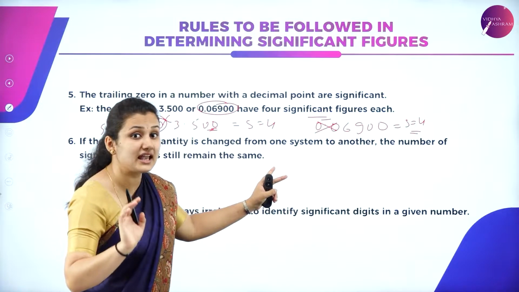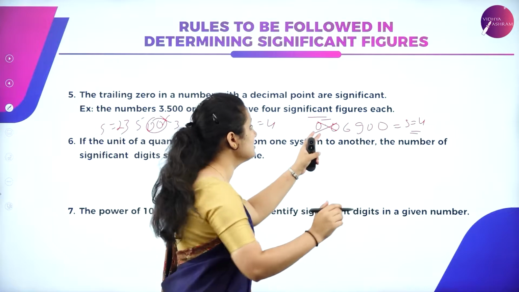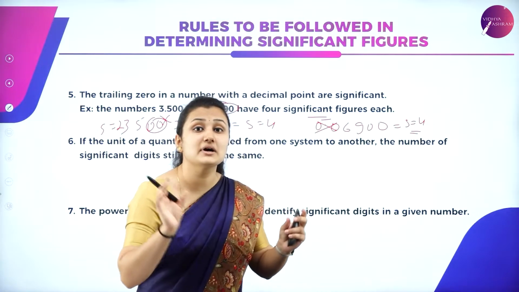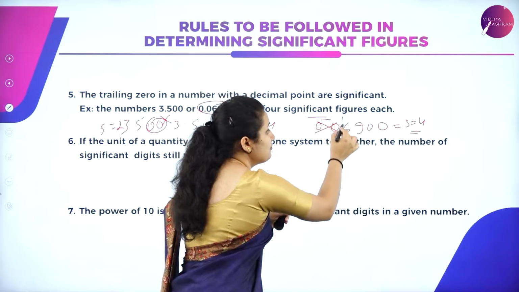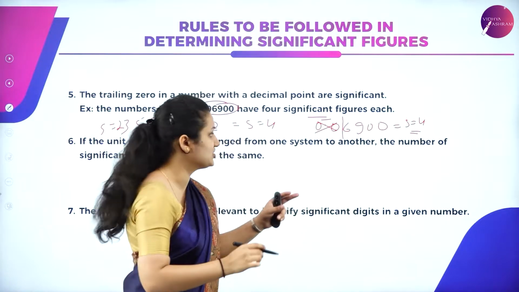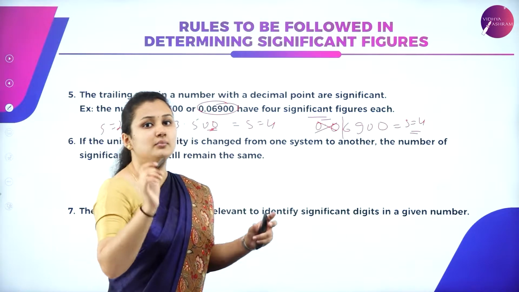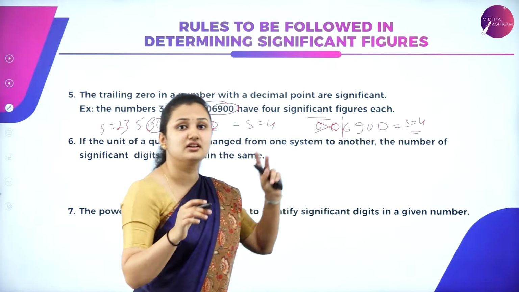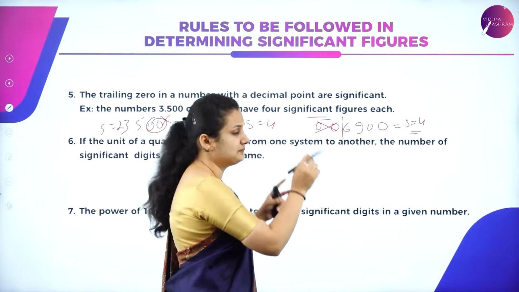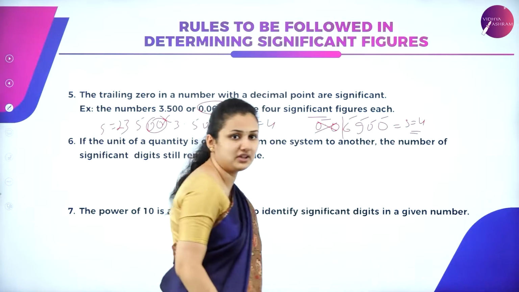So remember rule 3. What does my rule 3 say? Here the number is 0.something, less than 1. For a number less than 1, the zeros to the right of the decimal point up to the first non-zero digit are insignificant. Even though you have a decimal point, rule 3 would be violated if I said there are 6 significant digits. By rule 3 they are insignificant, so you have 4 significant figures.